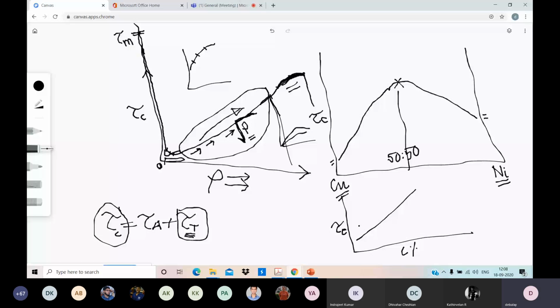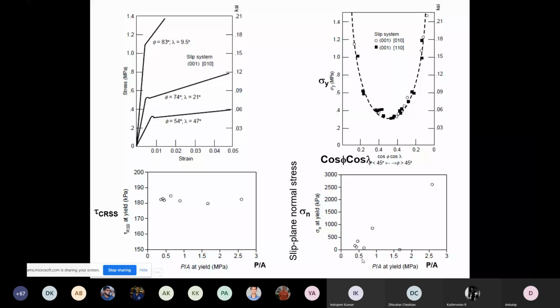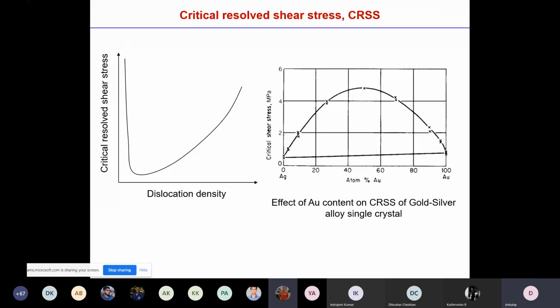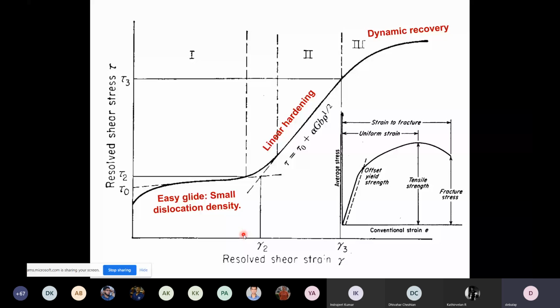Again, I am coming back to the presentation slide. Next slide, you see. Critical resolved shear stress versus dislocation density. Effect of gold content on CRSS of gold silver alloy single crystal. I have shown the resolved shear stress required for deformation versus resolved shear strain plot.